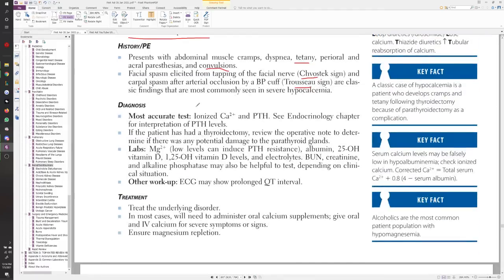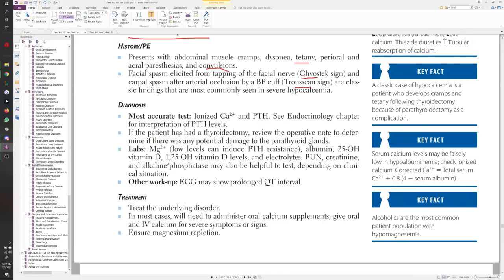How do you fix this? Well, first of all, how do you test for this? Check for how much calcium and PTH they have. You always need to worry about PTH when you're dealing with calcium-related problems. If the patient has had a thyroidectomy, review the operative note to determine if there was any potential damage to the parathyroid glands. Check for magnesium, because if you have extremely low levels of magnesium, then you can have PTH resistance.